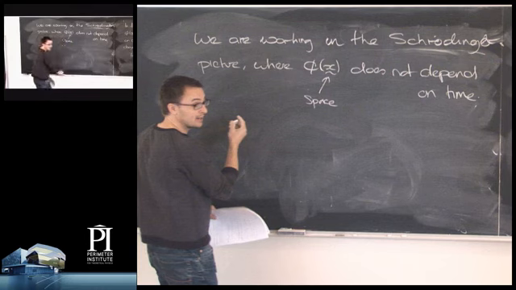So where's the time dependence? All the time dependence sits in the state and how the state evolves. And how does it evolve? Well, it just evolves by the Schrödinger equation. It's exactly the same as in quantum mechanics.